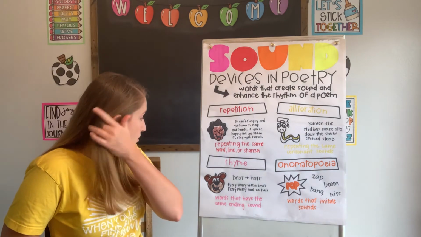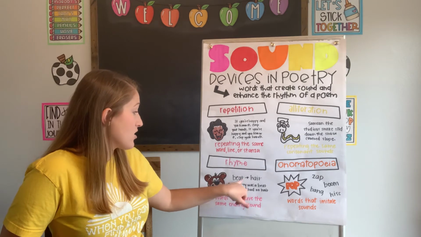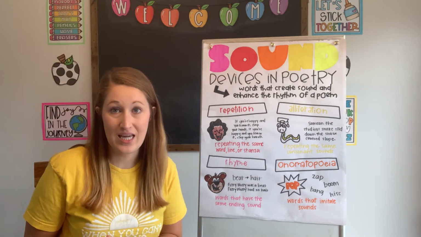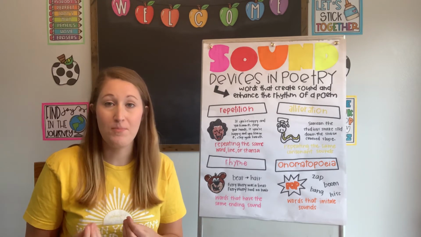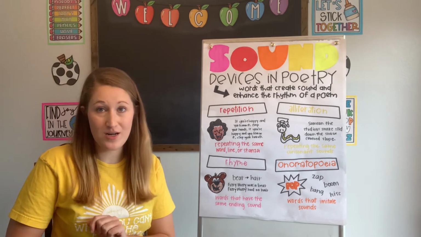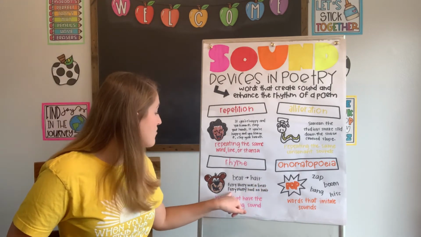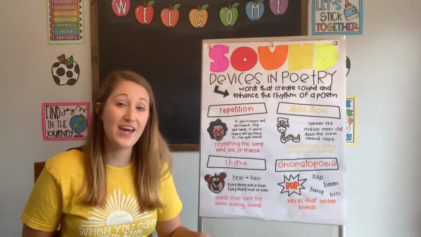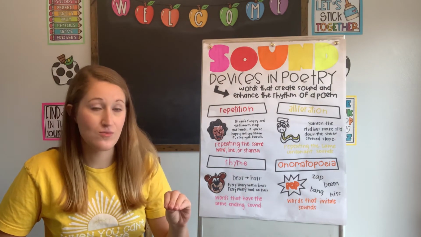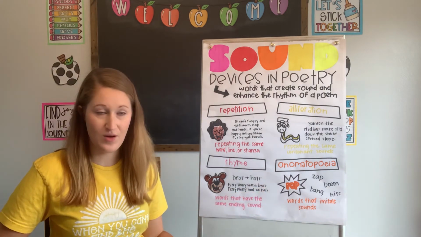So for example, we know that bear and hair rhyme because that ending sound is the same. We have that air sound, bear, hair. Then if we look at this little part of a poem, we have Fuzzy Wuzzy was a bear. Fuzzy Wuzzy had no hair. So we have that bear, hair, right? It's the end of that line. So here we have an AA, okay?